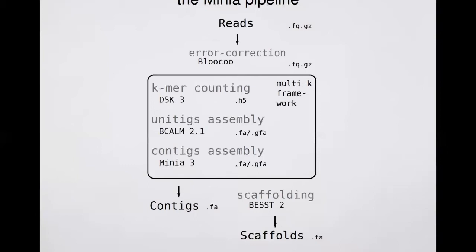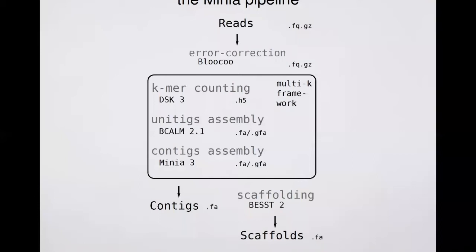And we go from unitigs to contigs by doing simplifications such as tip removal, and that is performed in the Minia software. I will note that all these 3 steps are actually implemented in a single software called Minia, but I wanted to separate those different steps because there actually exist different software for performing them.